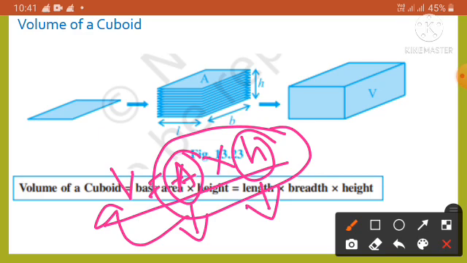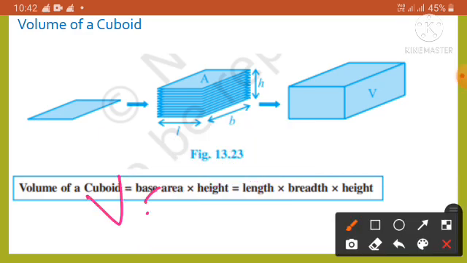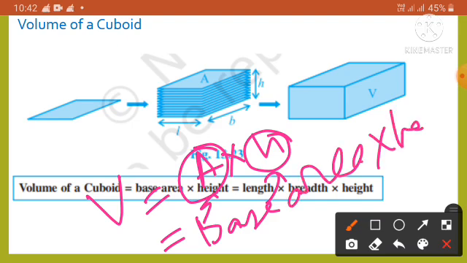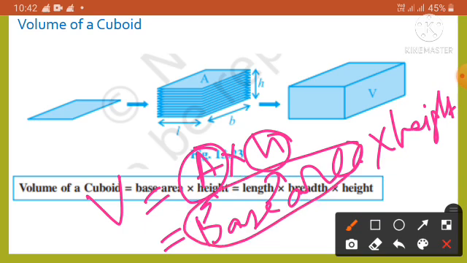That means we can say that the volume of a cuboid will be equal to base area, that is A, into height. Now the base area means how to find out the area of a particular rectangle sheet.